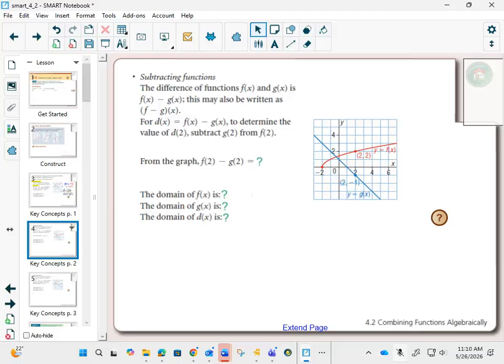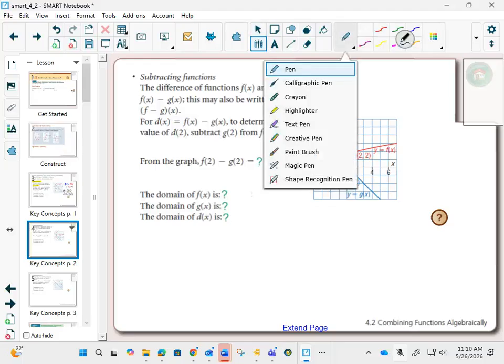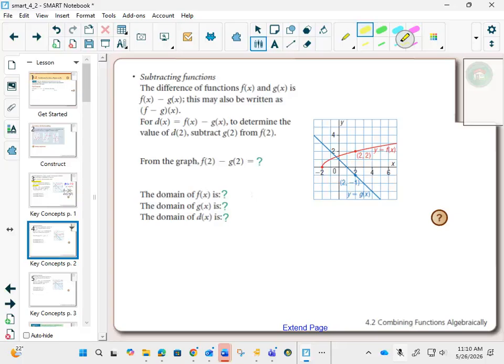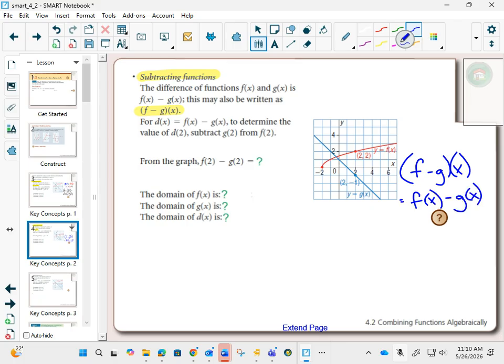That's adding. Next, subtracting. Take out our highlighter again, and highlight the not nice notation. So if you were ever asked to do f minus g of some number, change it to nice notation. This means f of x minus g of x.